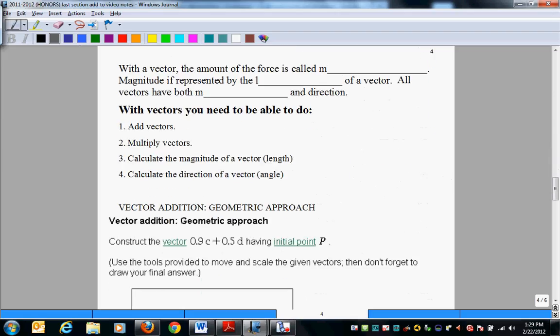With a vector, the amount of force is called magnitude. Magnitude is represented by the length of a vector, and all vectors have both magnitude and direction.